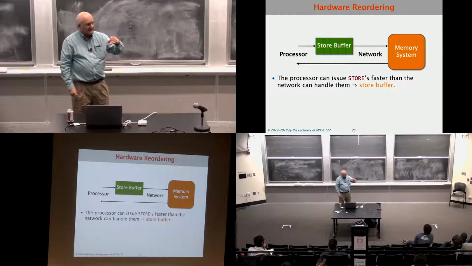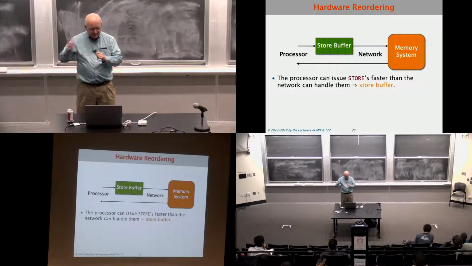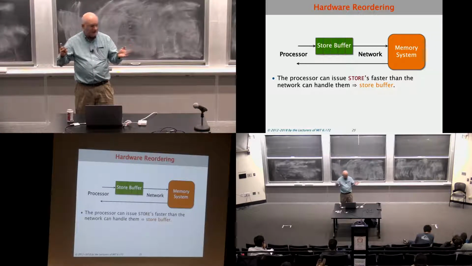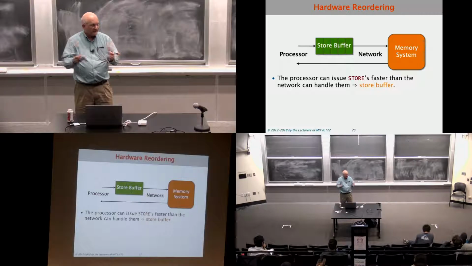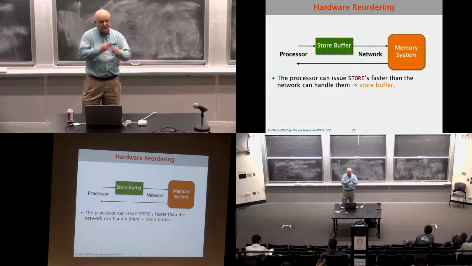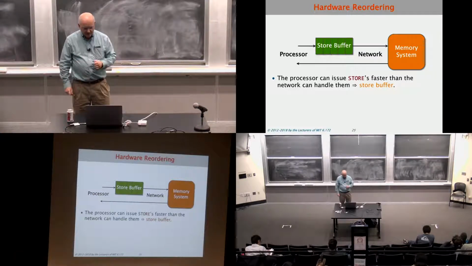In critical places where there's a bunch of stores, it stores them in the buffer if the memory system can't handle them. On average, of course, it's going to go at whatever the bottleneck is on the left or the right, usually the memory system. We don't want to have to stall every time we try to do 2 stores in a row, for example. By putting in a little bit of a buffer, we can make it go faster.